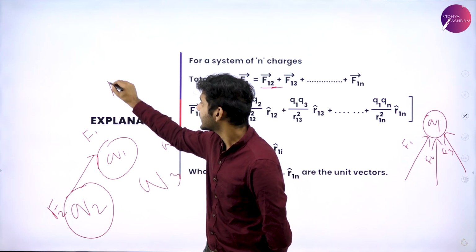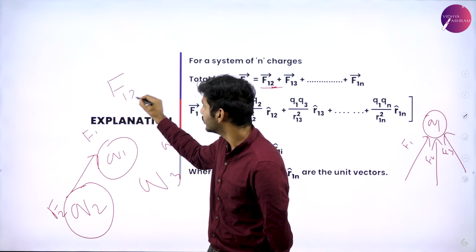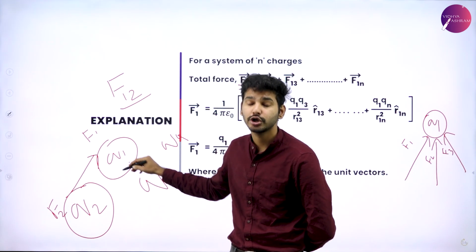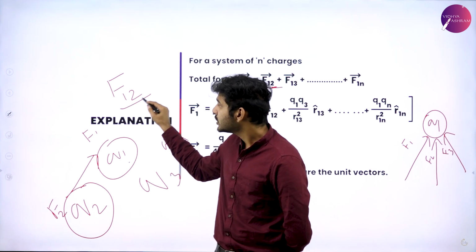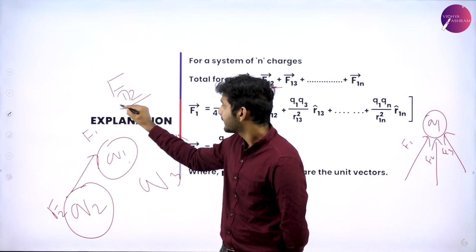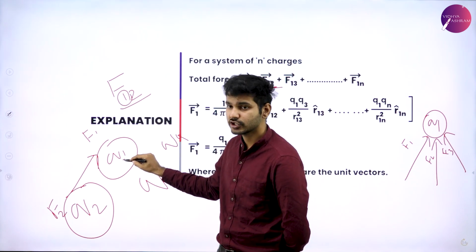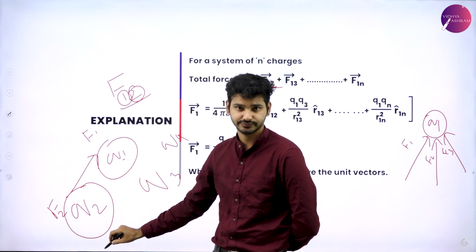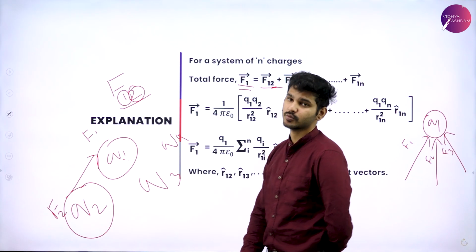So we can write it as F12, and this 1, 2 is denoting the direction. That is, Q1 is experiencing a force because of Q2, which is denoted as 1 and 2 here.